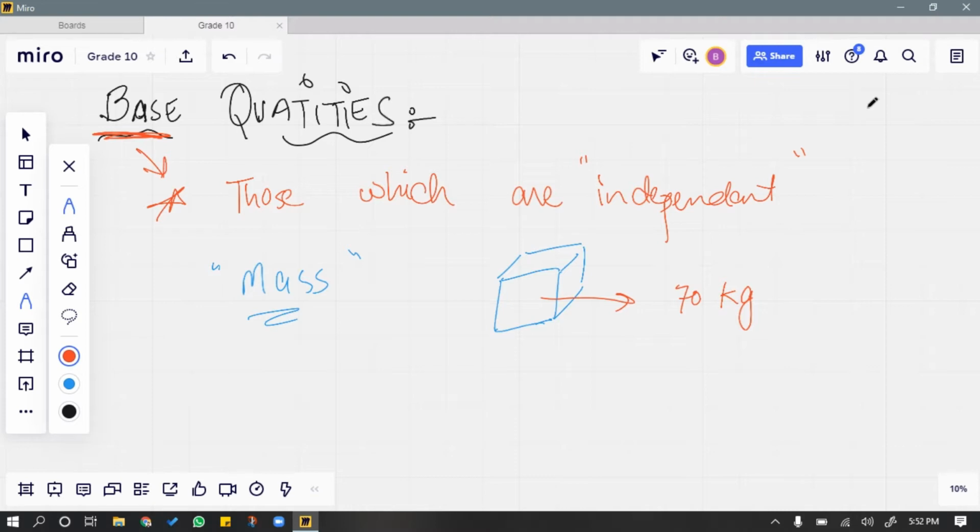So those quantities which are independent, which don't need the help or correspondence of any other quantity for explanation of their presence, are the base quantities. In general, we have 7 base quantities in physics, which are considered to be independent or present naturally.